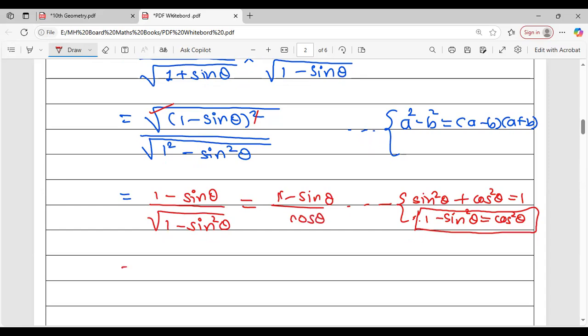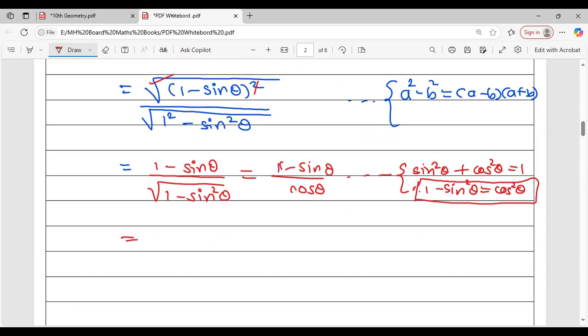Now I have already told you how to add the rationals. A upon B plus C upon B is A plus C upon B. So if the denominator is the same, we can easily separate the numerators. So let's do it for the numerator.